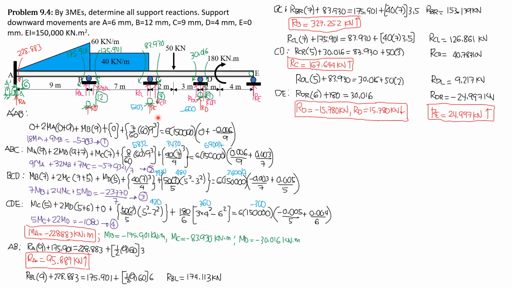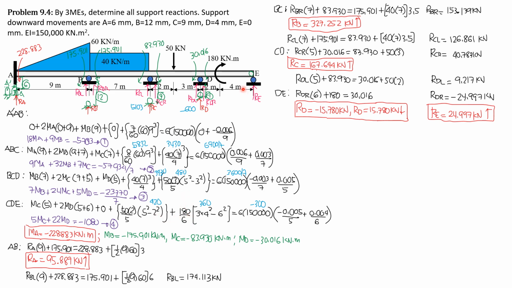Moment at C times 5 plus 2 times MD, quantity 5 plus 6, plus ME, which is 0. Then plus 6 area 1A over L1 is 50 PA over L, quantity L squared minus A squared. So 50 times 2 over 5, 5 squared minus 2 squared.